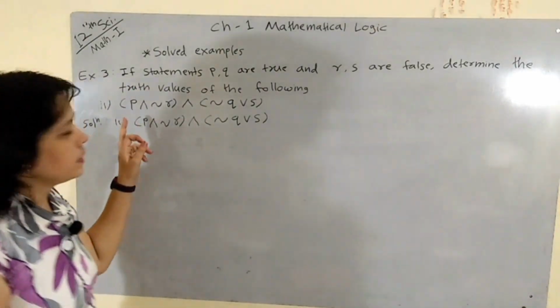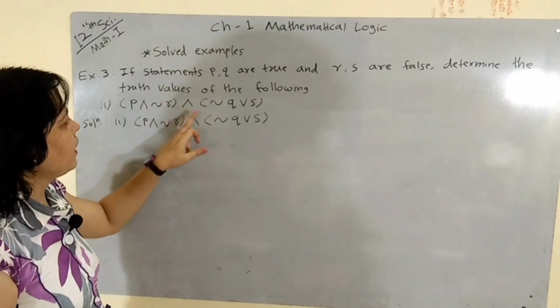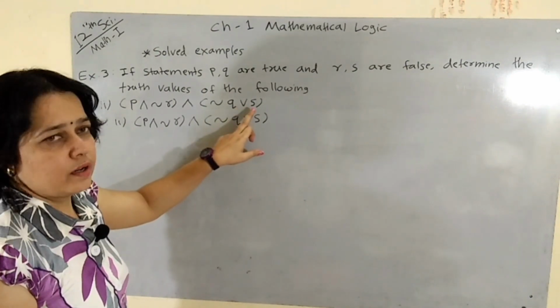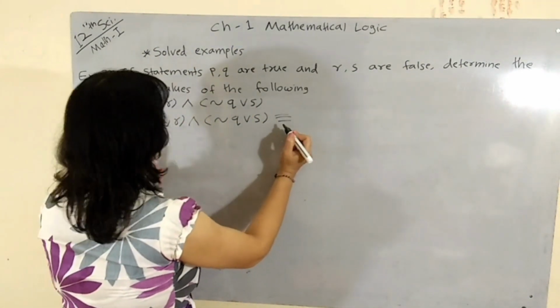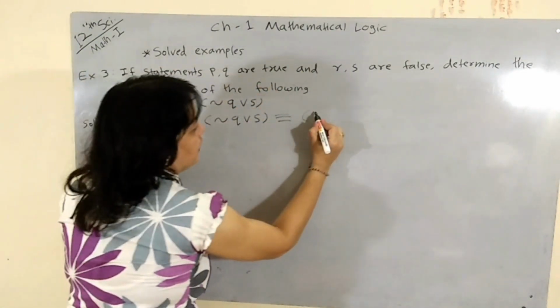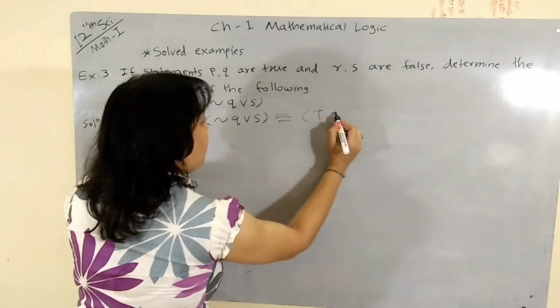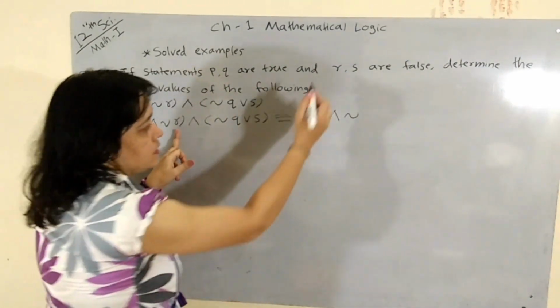Okay, next example is, P or negation R and negation Q or S. So its solution is, this is equivalent to, write its truth value. So P, its truth value is T, and negation of R is false.